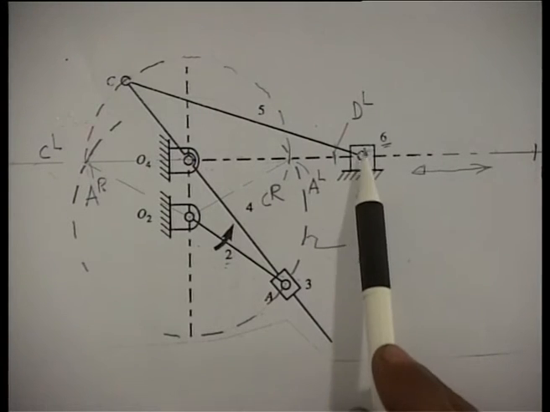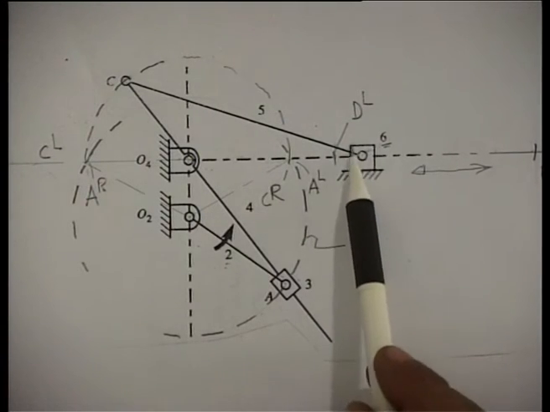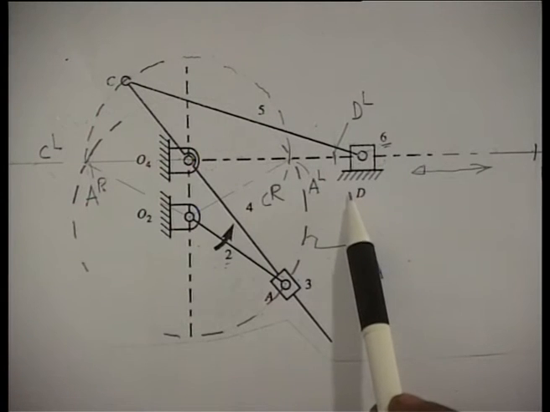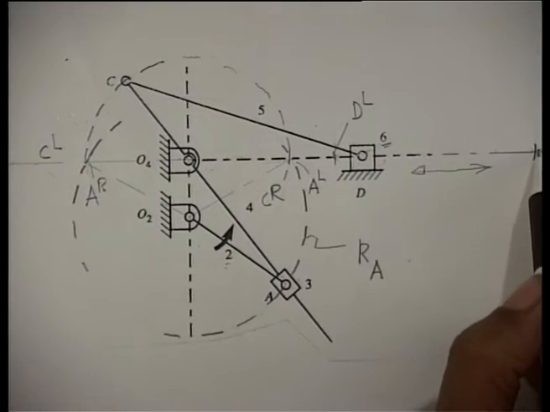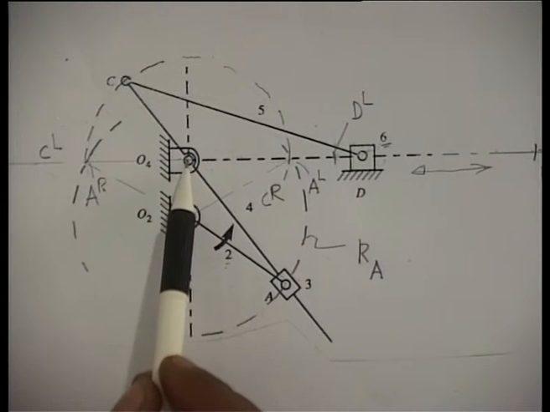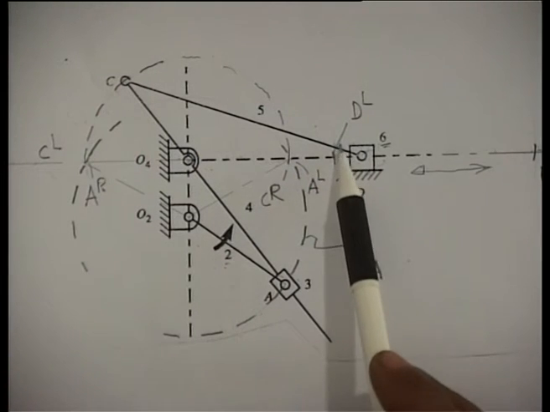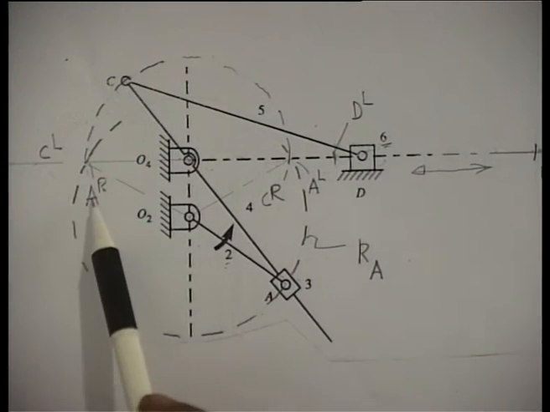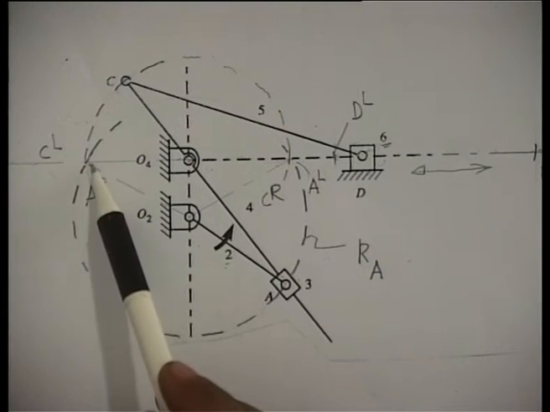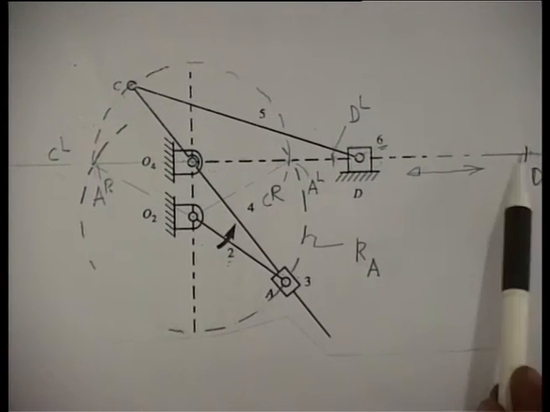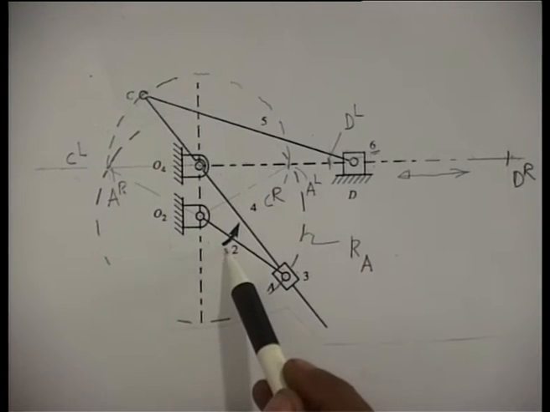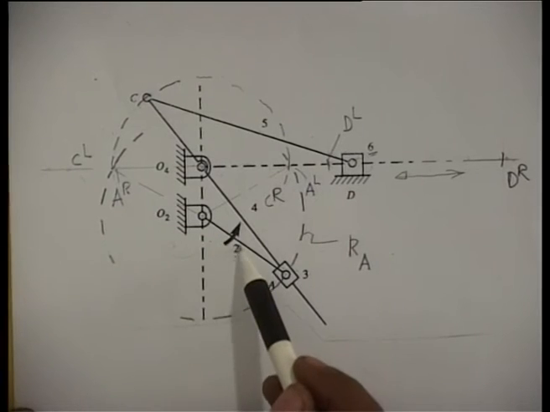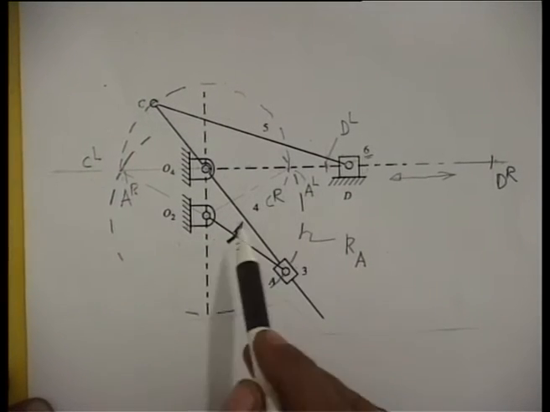Thus, this tool, that is this link 6, moves from DL to DR, that is the stroke length, which is exactly equal to 2 times O4C. However, during this movement from DL to DR, the point A goes from AL to AR, and from DR to DL, the point A goes from AR to AL. As we see, the O2A, this link is rotating with constant input speed.